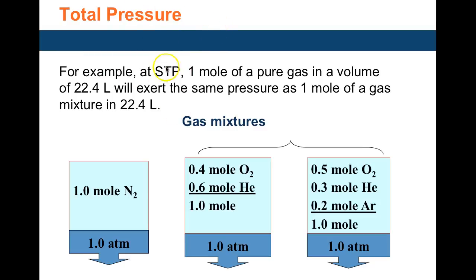So at standard temperature and pressure, 1 mole of either a pure gas or a gas mixture will occupy this exact same volume of 22.4 liters. So the volume in each of these containers is 22.4 liters, and this volume is referred to as the molar volume.